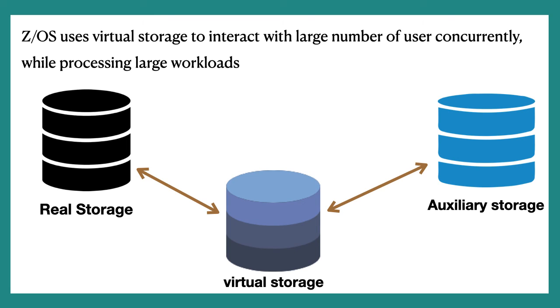The running portions of our program are kept in the real storage, and the rest is kept in the auxiliary storage. The range of addressable virtual storage available to the user or program for the operating system is separately divided between real storage and auxiliary storage.